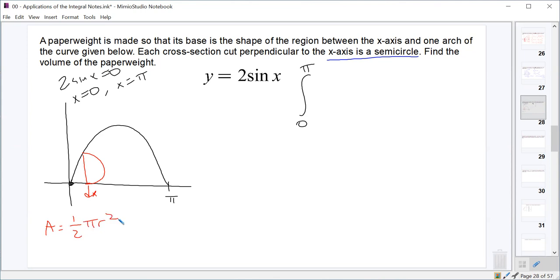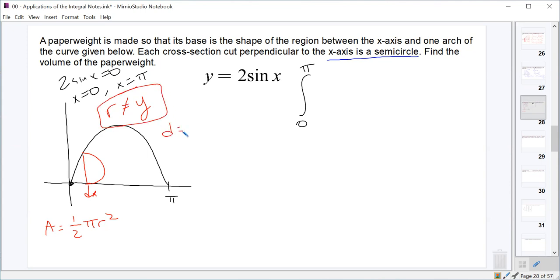And a really common mistake that people make here is that they just go in and equate r as y, 2 sine x. But that's not the case. So please make sure you do not do that, right?